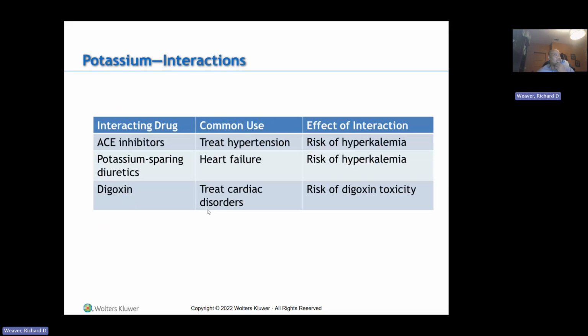All right, so when we give potassium with an ACE inhibitor, and remember the ACE inhibitor is used to treat hypertension here, there's a risk of hyperkalemia. If we give potassium with a potassium-sparing diuretic like spironolactone, which is used for patients with heart failure, the thing about heart failure is that we try to use diuretics like a loop diuretic, furosemide, torsemide, Bumex, in order to try to relieve the patient of the excess fluids, right?